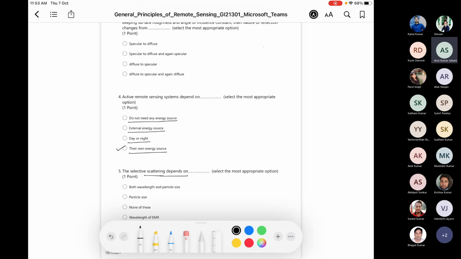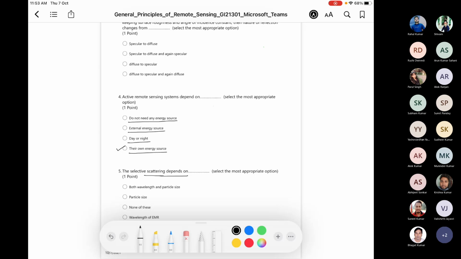Hello, sir. Yeah, please. Sir, in the fourth question, here the first option is showing correct, and you say fourth. Their own energy source is the correct one. Where, what is the first option that you are looking at? Oh, sorry, sir, it's right.